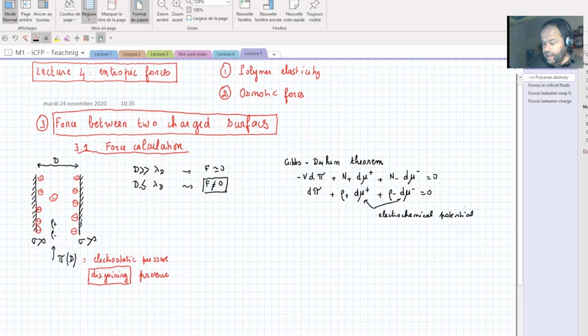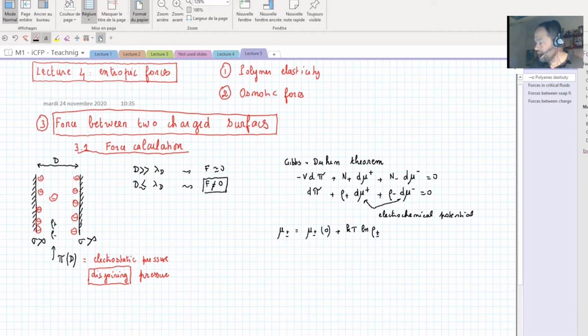So the electrochemical potential is something of the shape, well, it is a reference potential, as you know, and you add something like kT times the logarithm of the density.